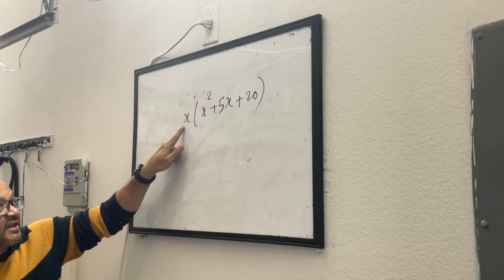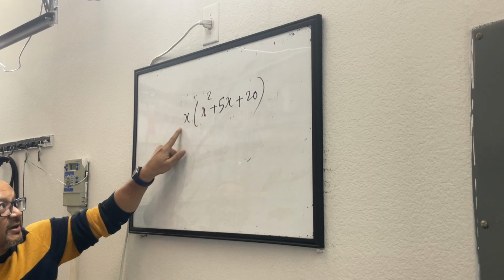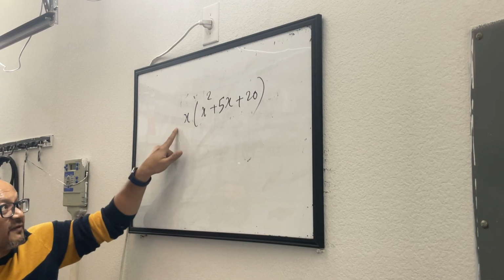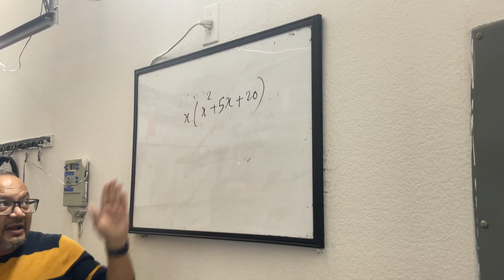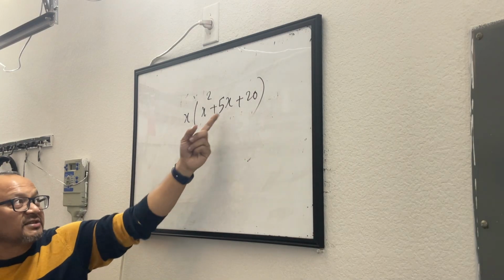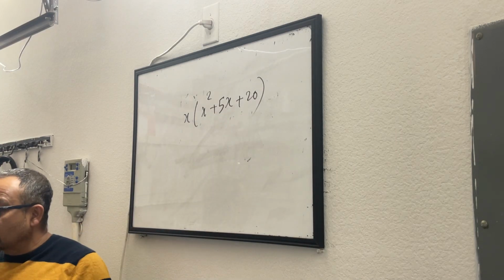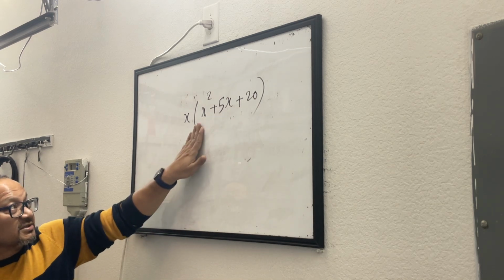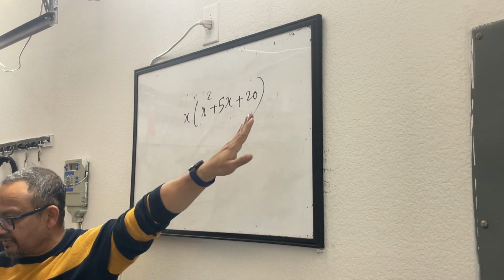I can multiply x with x squared, then multiply x with 5x, then multiply x with 20 and add them all together. That's because I have plus signs here. So as long as we are breaking it step by step, we would be fine.